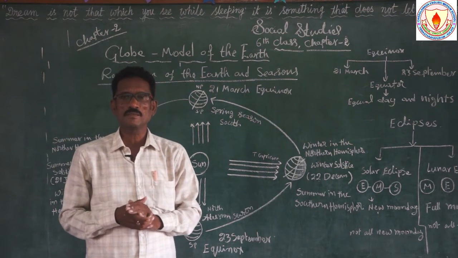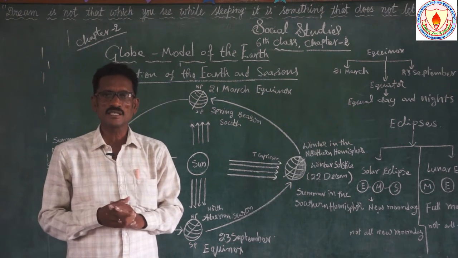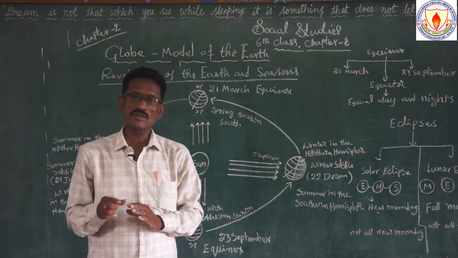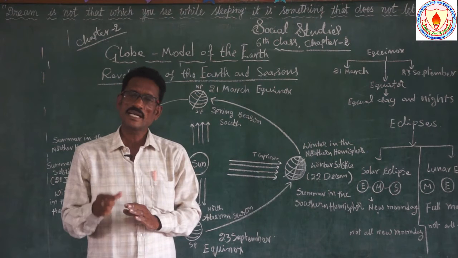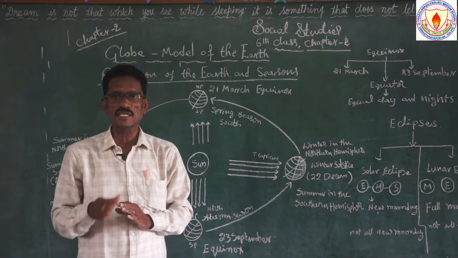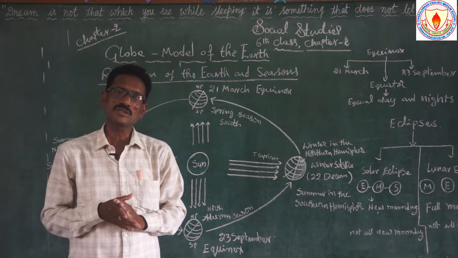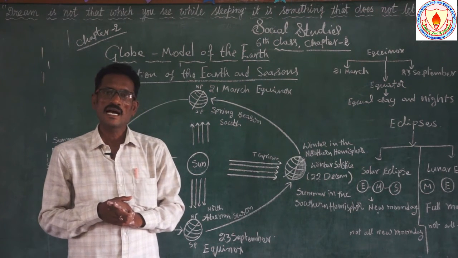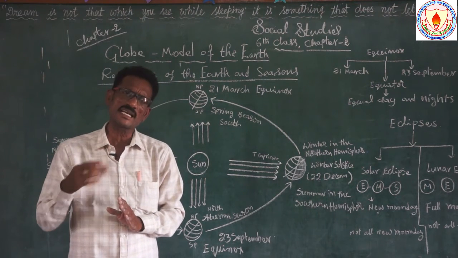Revolution and rotation are the main important things of this lesson. Rotation means the earth rotates around its own axis, and at the same time the earth revolves around the sun. And latitudes, longitudes, and axis are three imaginary lines.